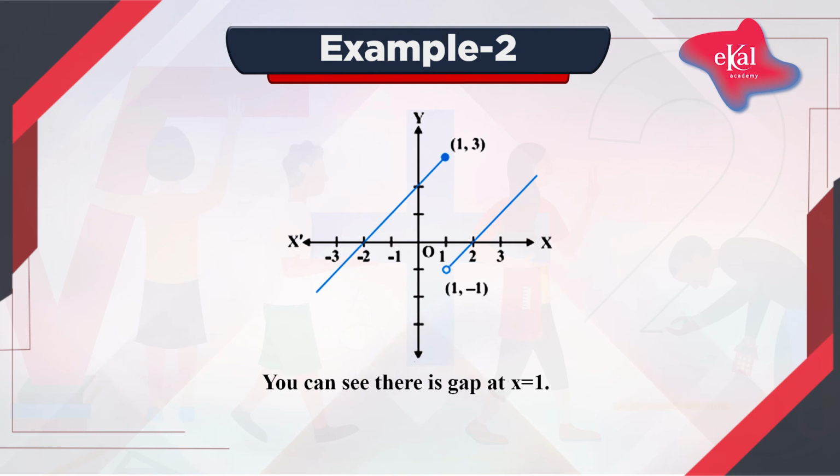Have a look at the graph of this function. When x is less than or equal to 1, it is x plus 2. So, let us plot the graph of the function when x is less than or equal to 1, this is the point 1, and when x is greater than 1, it is x minus 2. So, the graph will go like this.